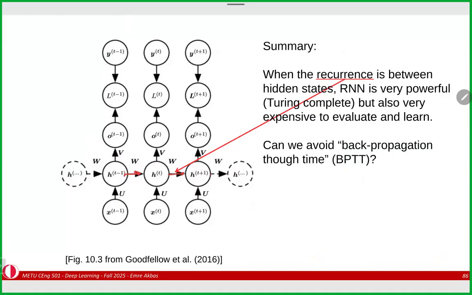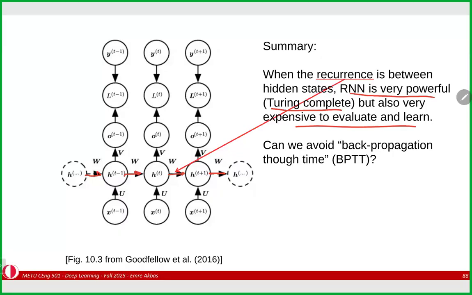So this arrow is causing the blocker for parallelization. And this is the reason RNN is very powerful, Turing complete, but also very expensive to evaluate and learn, because of not being parallelizable. It's not because of the time complexity of backpropagation through time, but the parallelization issue.